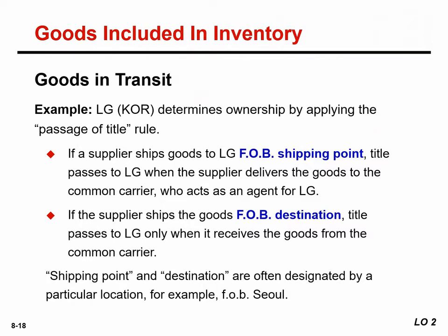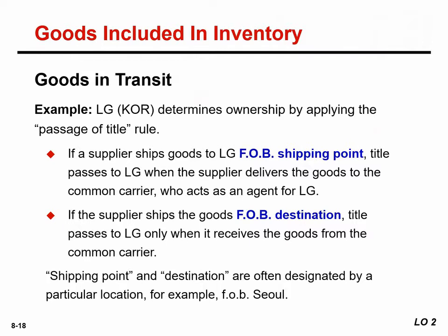And if the contract is FOB destination, then the goods in transit will be owned and controlled by the seller. So for any goods in transit, we should check the terms between the seller and the buyer.